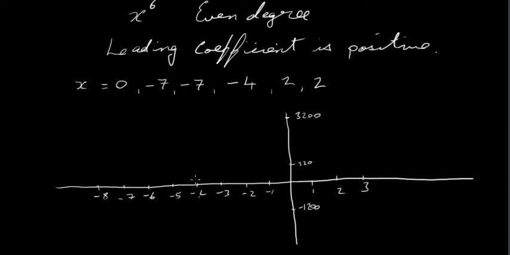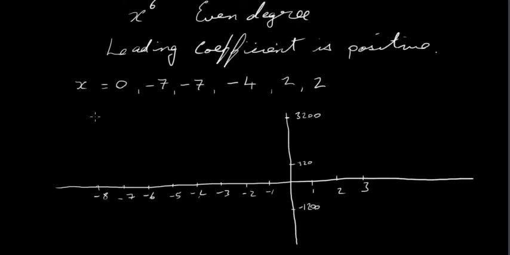Then I'm going to come down here and pass through -4. Then I'm going to go up to 0 and go through 0. 0 is a root. Then I'm going to come down and hit 2. I've got two of these 2's, so 2 has a multiplicity of 2, which is even. So I'm going to hit 2 and go back up again. So I should end up here somewhere.